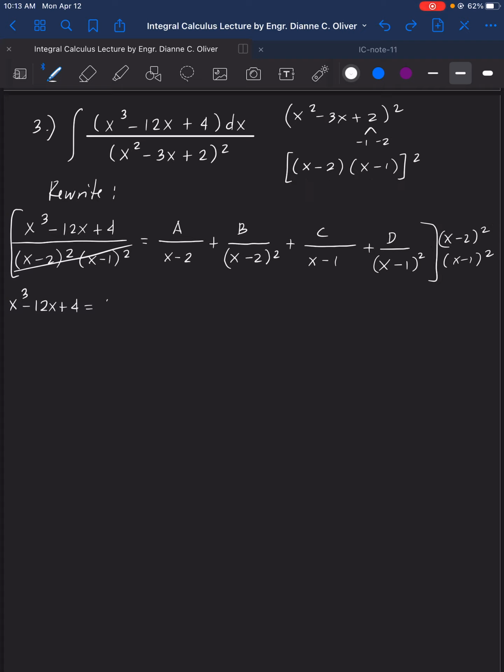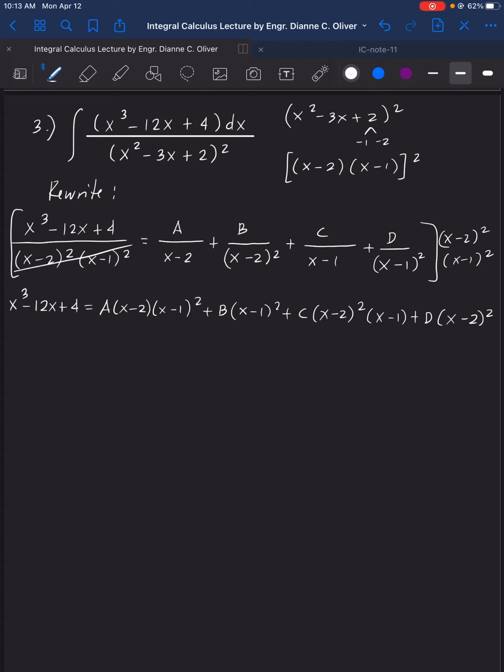So what's left will be a(x minus 2)(x minus 1) squared plus b, cancel out x minus 2, so what's left will be (x minus 1) squared plus c, so (x minus 2) squared times (x minus 1), and then d(x minus 2) squared.